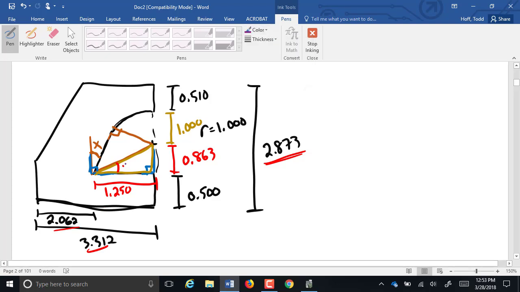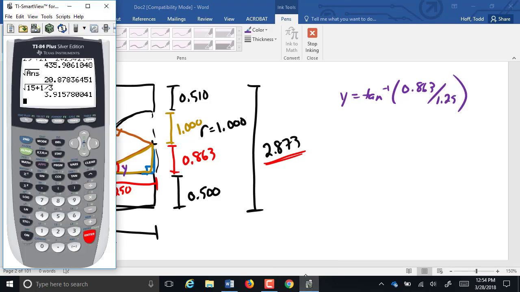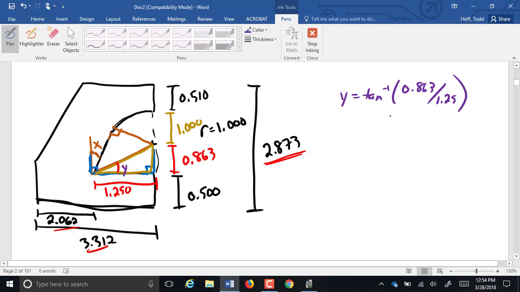That angle here, I'm going to call this angle Y. Y is going to be the inverse tangent of 0.863 over 1.25. So 34.62 degrees.